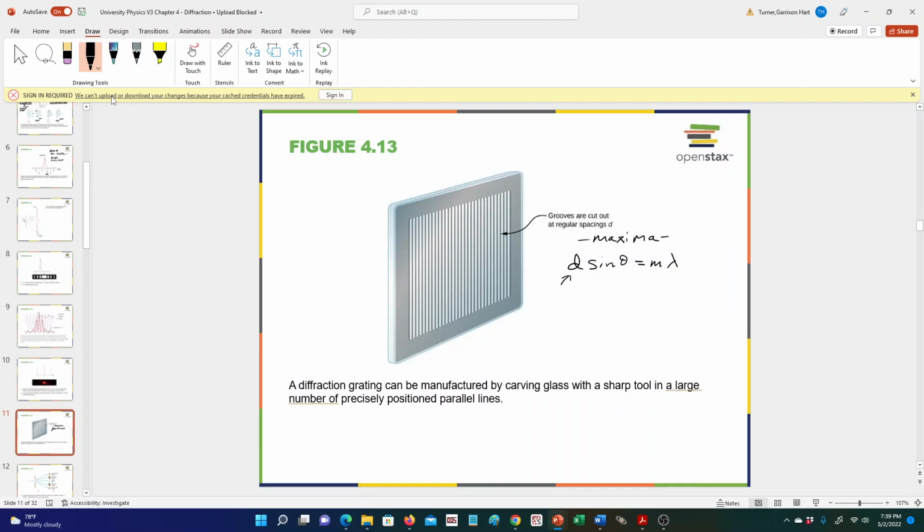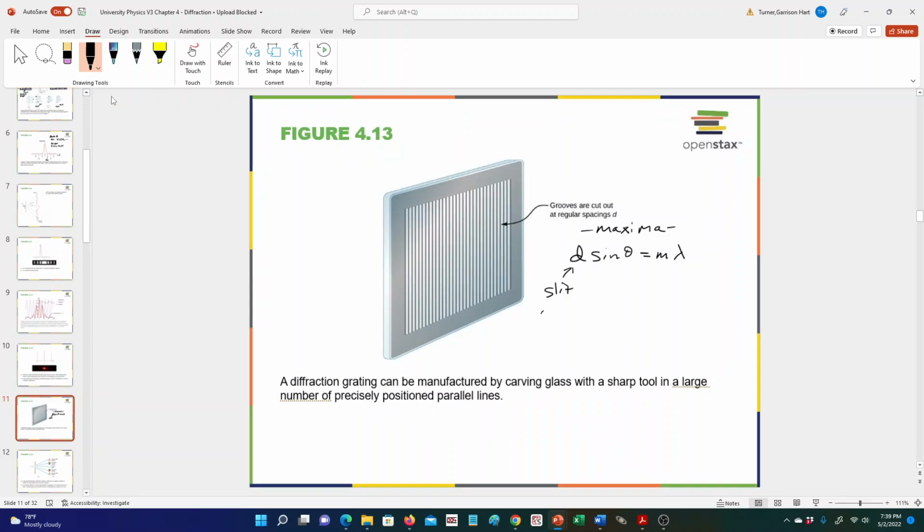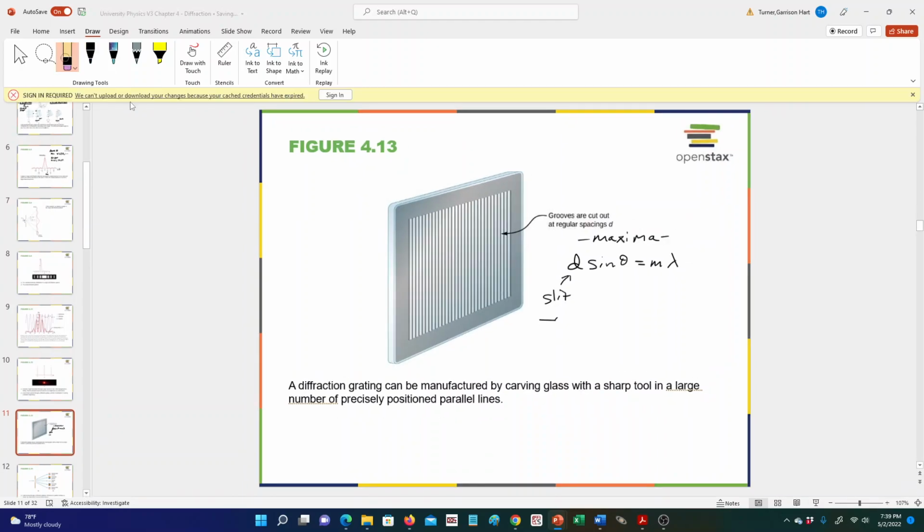I'm sorry, we denote that to be the width of a slit. So d is the distance between slits, if you will. It is the slit width.